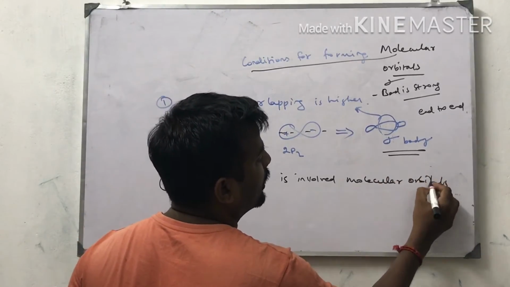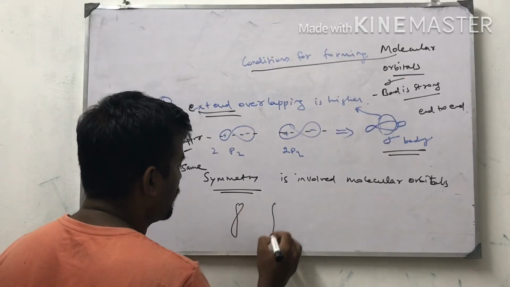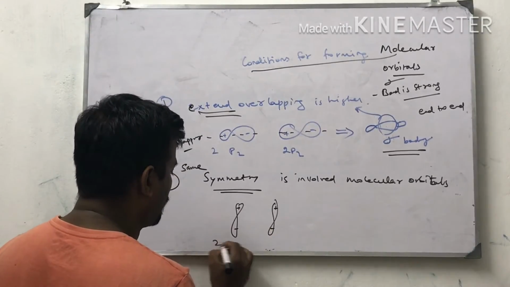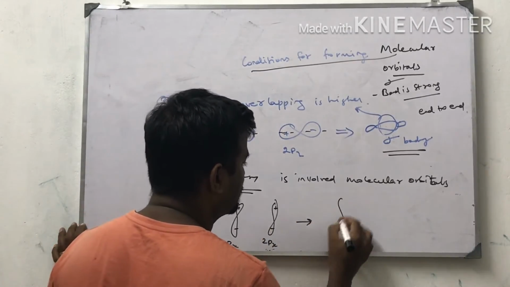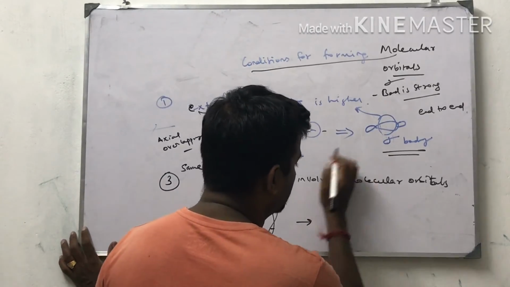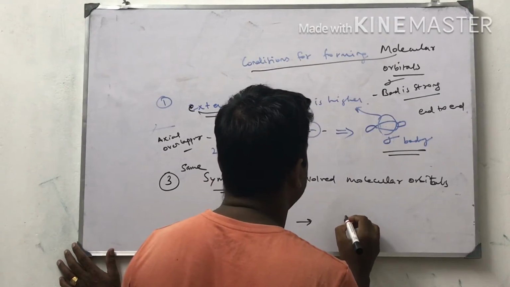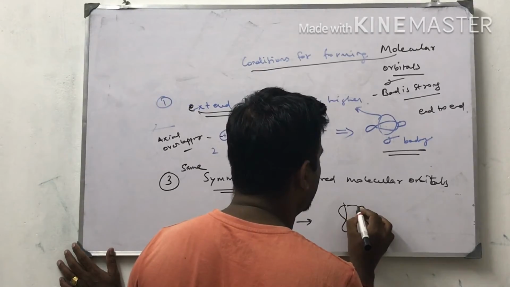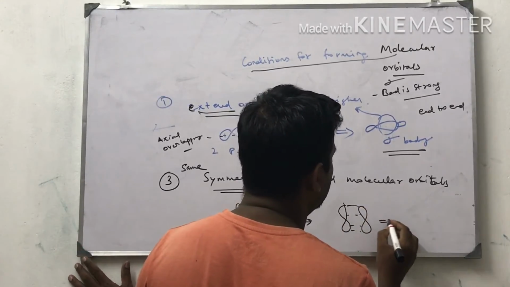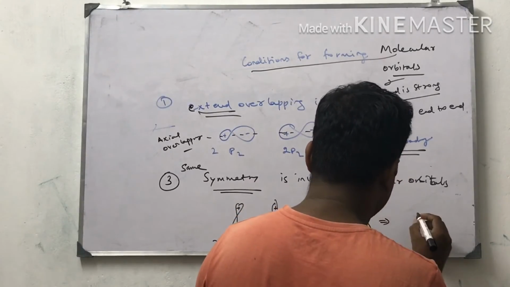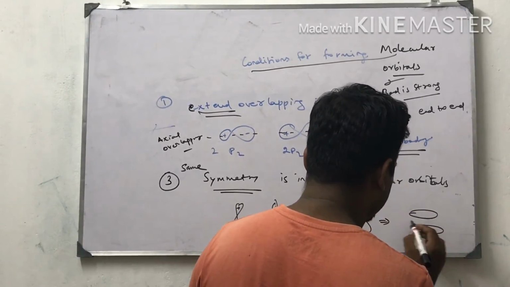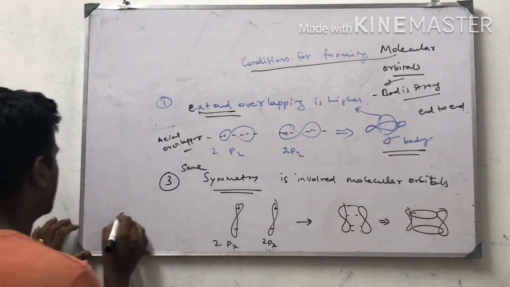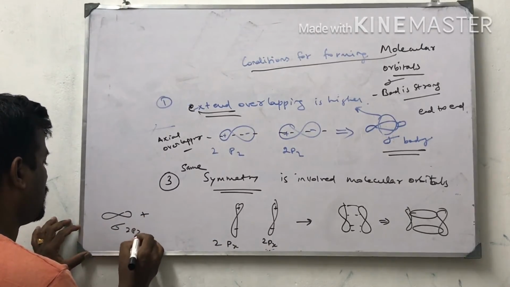What is that same symmetry? That is, 2px overlapping with 2px like this, called end-to-end, and next this type of overlapping, sigma to pz.